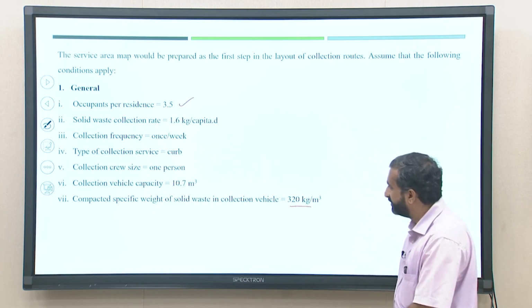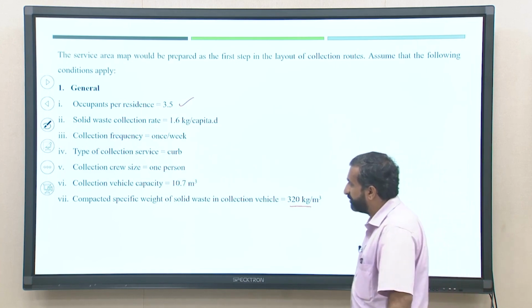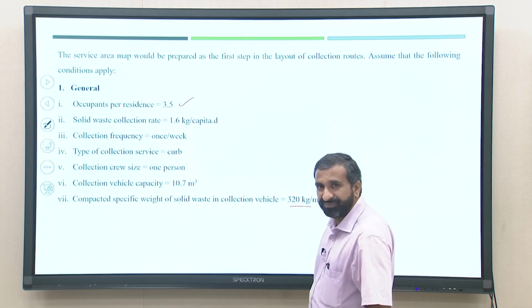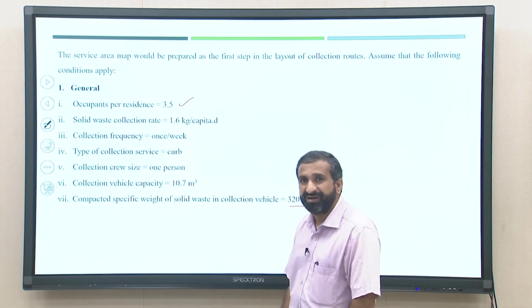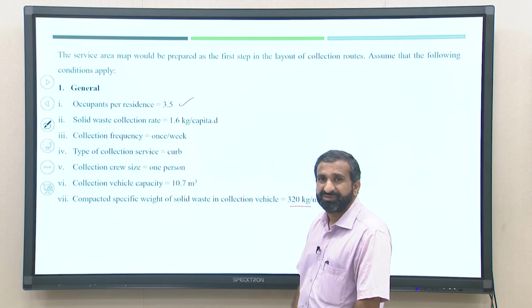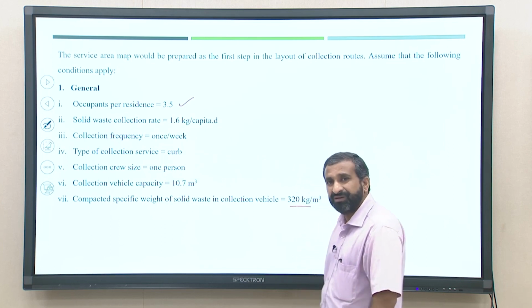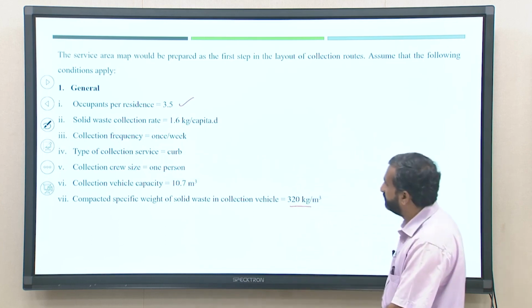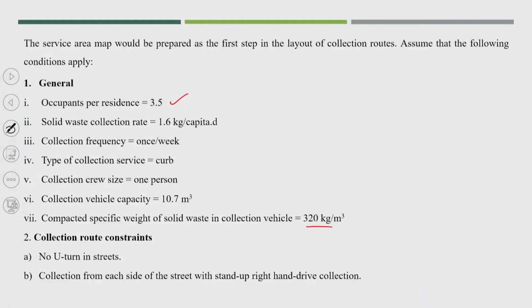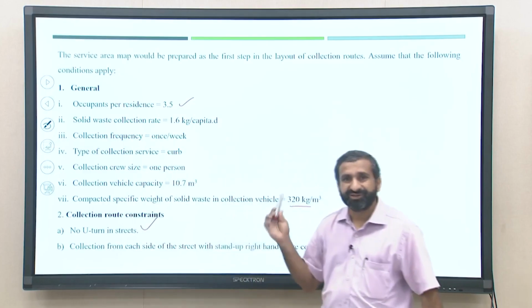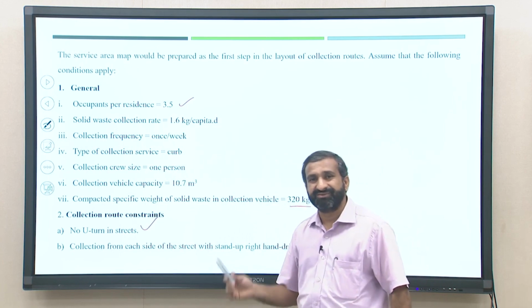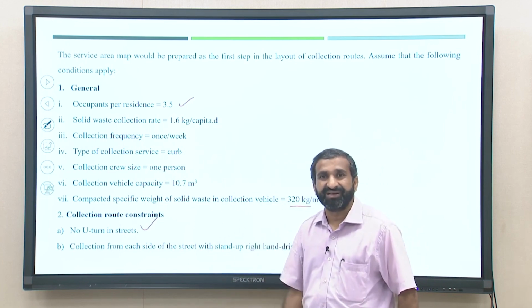First we will calculate how much waste has to be collected and how many trips will be required. Based on those trips we can finalize the collection route. A few constraints are given. No U-turns in the street; this is one of the important points that needs to be discussed while finalizing the collection route.